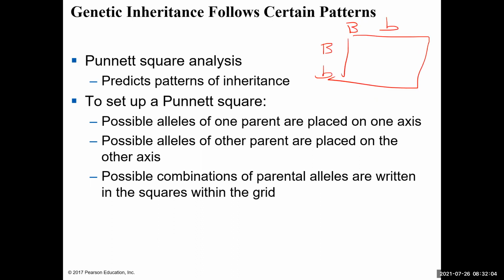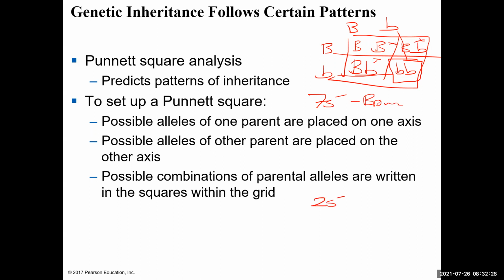So you would have your uppercase, uppercase, uppercase, lowercase, uppercase, lowercase, and then your two lowercase. This would be your blonde individual. So in this scenario, 75% would be brown, right? So 1, 2, 3, and then 25% would be blonde, which is this one. So 1 out of 4.